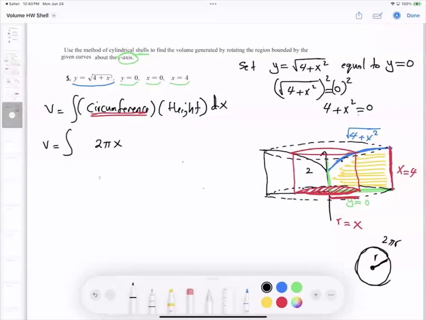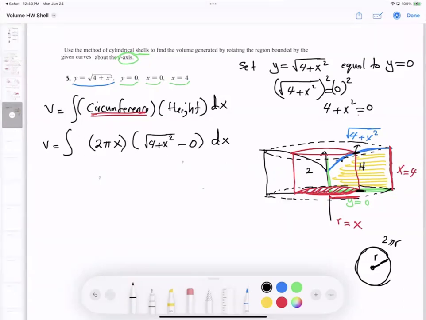What about the height? The maximum y value is located on this graph, the square root of 4 plus x squared, and down here the minimum y value is 0. So the height is the square root of 4 plus x squared minus 0. So that is your height. And then you take the integral with respect to x.